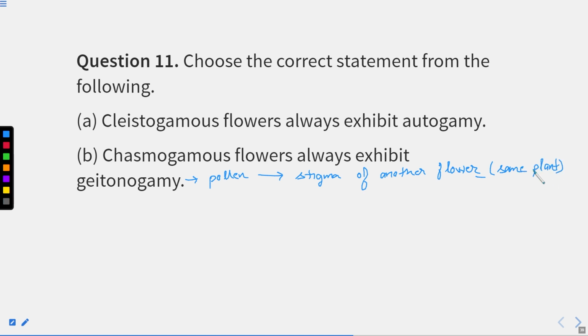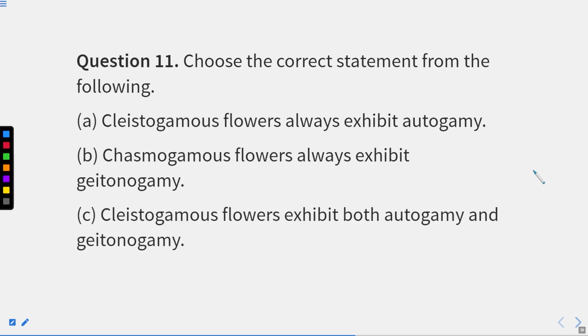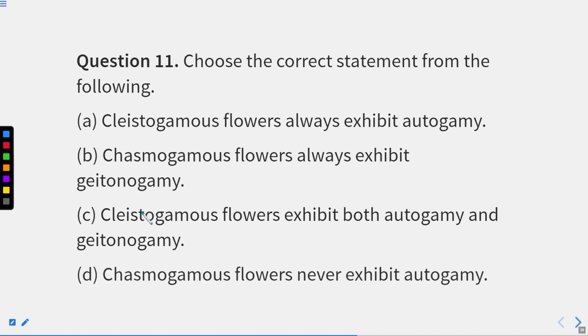Now option C, clastogamous flowers exhibit both autogamy and geitonogamy. Option D is chasmogamous flowers never exhibit autogamy.